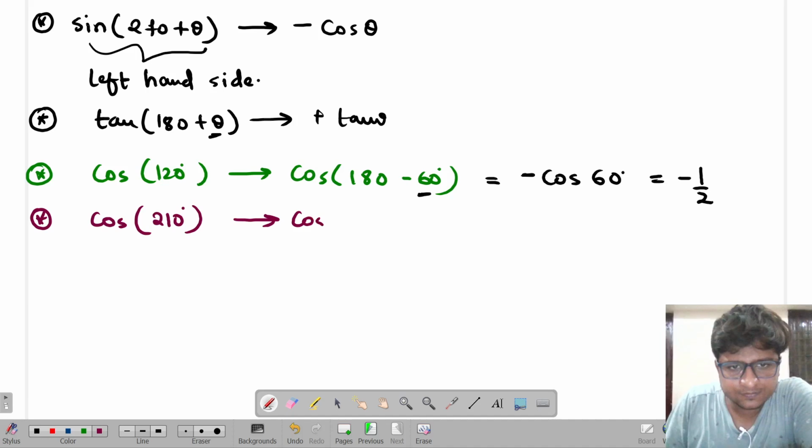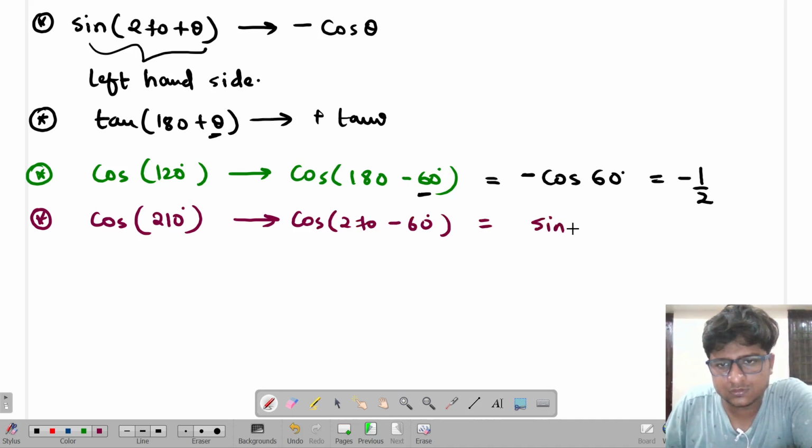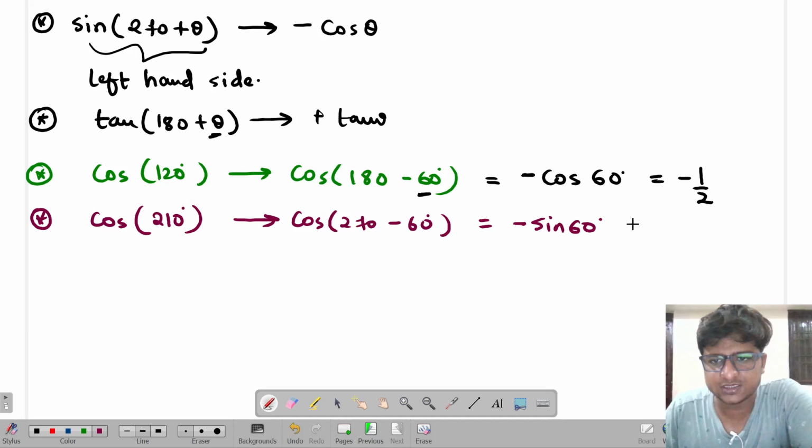Correct. 270 minus 60, third quadrant, yes or no? So minus sin 60. Correct. Minus root 3 by 2. Easy peasy, yes or no?